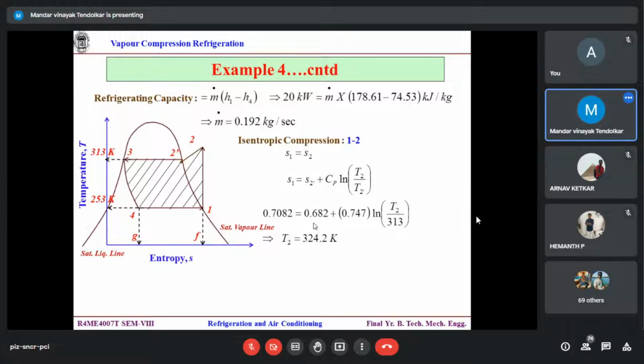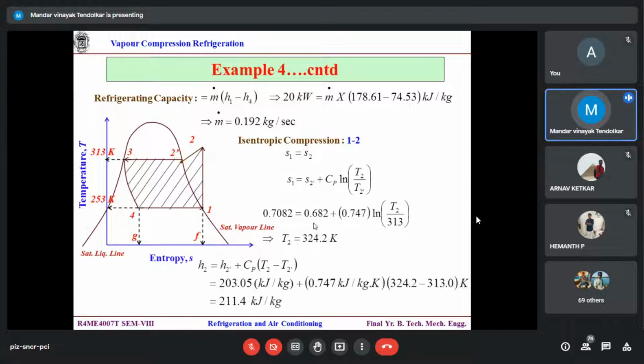Correct? Cross check the calculation. Yes, sir. Logic is correct. Calculation also should be correct. Cross check. Is T2 fine? Yes, sir.